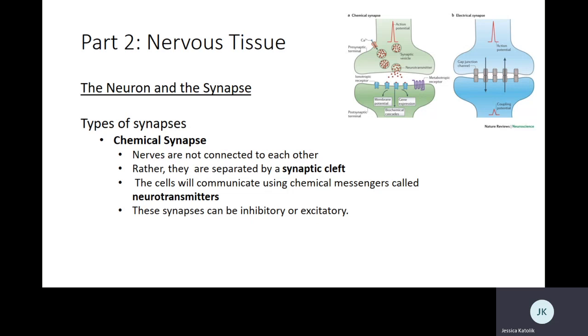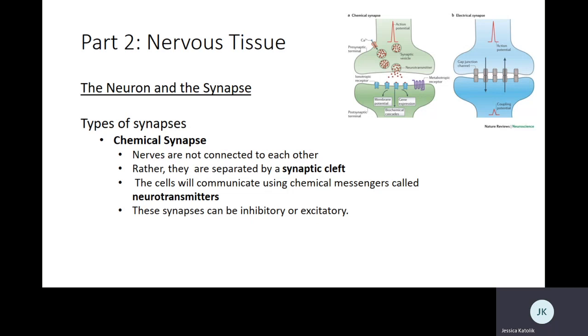And it's going to communicate using special chemical messengers called neurotransmitters. Neurotransmitters, for example, would be like GABA, serotonin, norepinephrine, those kind of things that you may have heard about in the past.